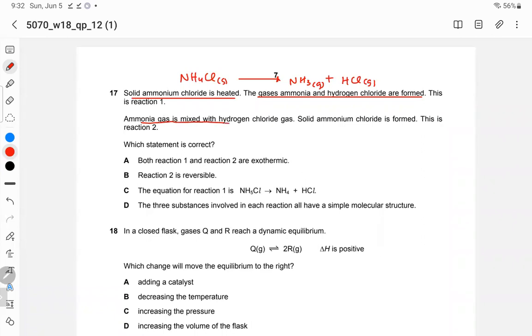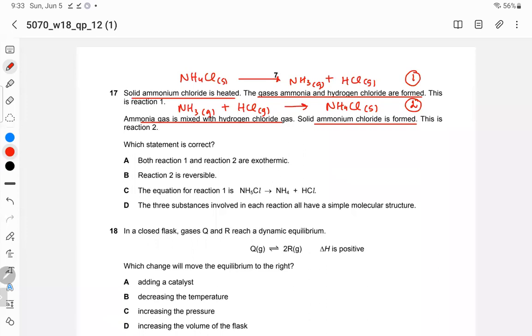Ammonia gas is mixed with hydrogen chloride. It means they are talking about ammonia and hydrogen chloride gas being the reactants. Solid ammonium chloride is formed, and they give us this product, which is solid NH4Cl. This is reaction 2. Okay, it's reaction 1 and it's reaction 2.